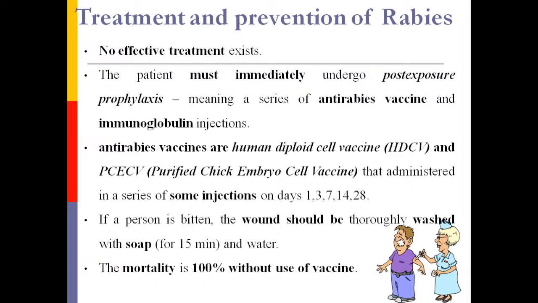Some doctors advise, if it is possible, to observe the animal. If the animal doesn't die during 10 days after biting, it means that we can stop the remaining injections, because the animal is healthy.